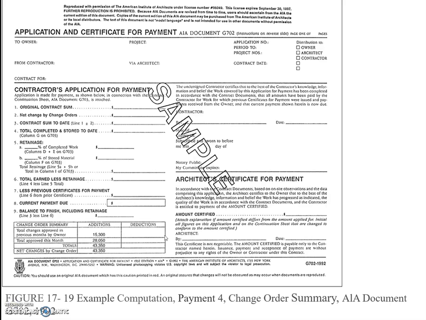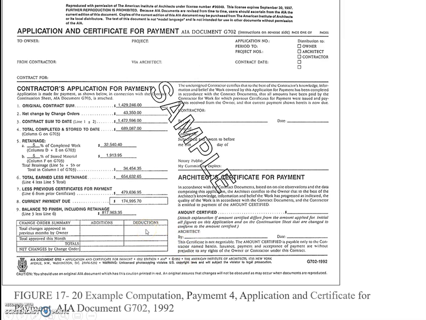So change orders 2 and 3 are added to the contract amount for this application for payment as they were approved during the payment period. And the next figure is this one. It is the payment computation for payment 4.